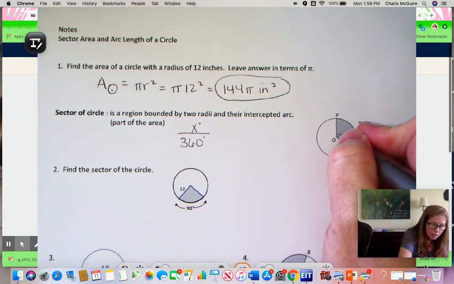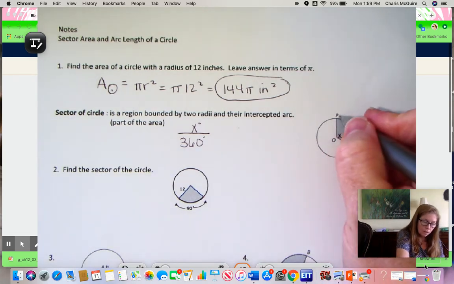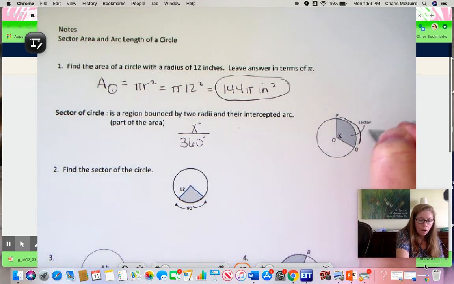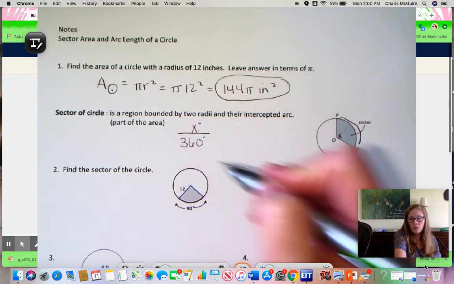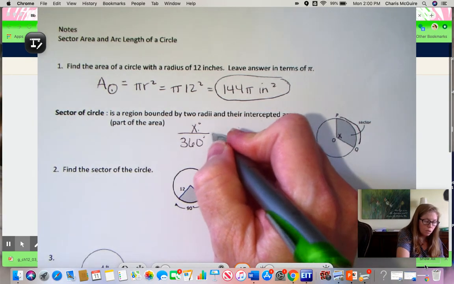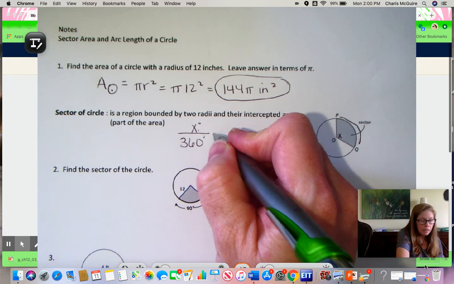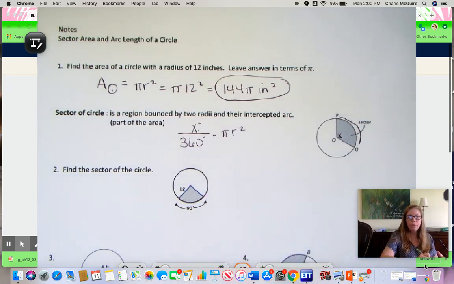So whatever this little central angle is going to be the same thing as whatever our arc measure, right? That could be your arc measure or your central angle. And that's going to be the portion of the area. So you will do something over 360 times pi r squared. That's the formula that we're going to use for the sector of a circle.